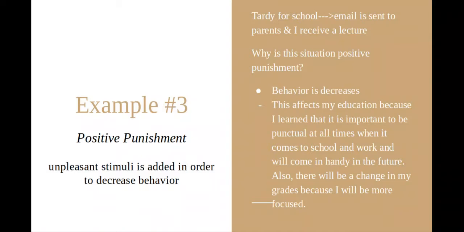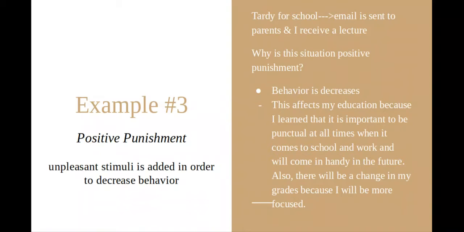For example, number three, we have positive punishment. Unpleasant stimuli is added in order to decrease behavior. In this case, we have being tardy for school, and as a consequence, an email is sent to my parents and I receive a lecture. So why is this situation positive punishment? The behavior is decreased.